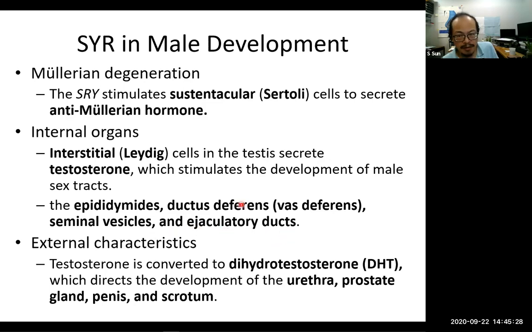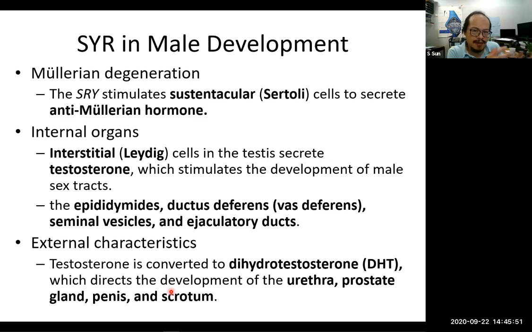So these are internal. We also need to develop the external features, the penis and the scrotum, for example. So there are three major things that SRY needs to achieve.